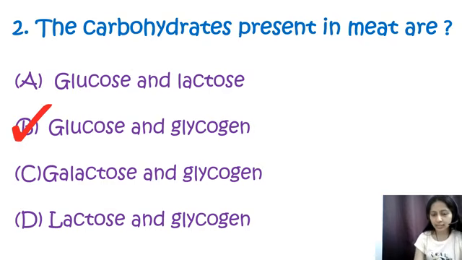They store carbohydrates in the form of glycogens, mainly in the liver and the muscles, while glucose is found in the blood, and the other carbohydrates given, lactose and galactose, are not typically found in meat. So the most correct answer will be option number B, that is glucose and glycogens.